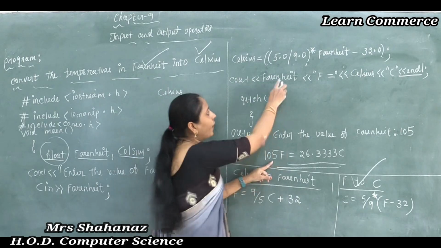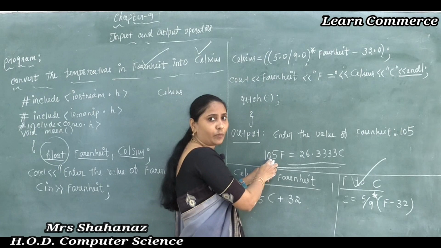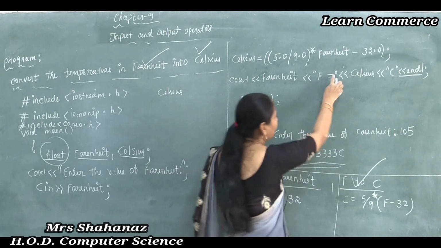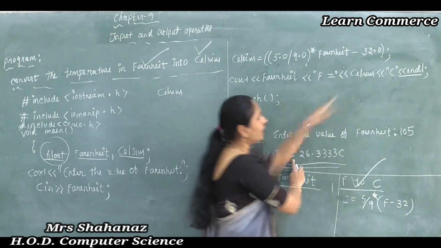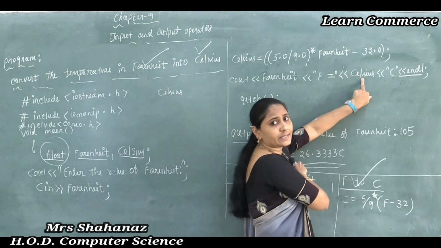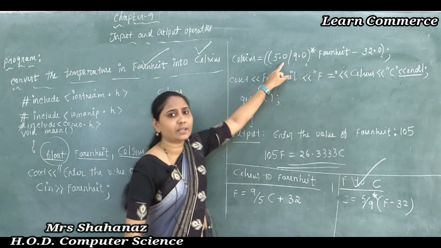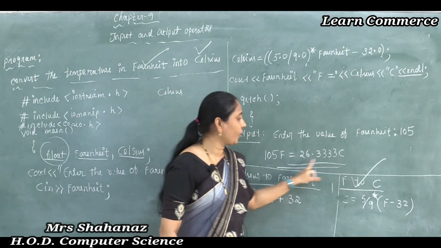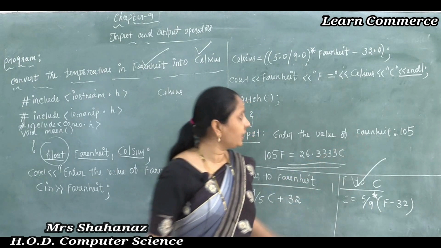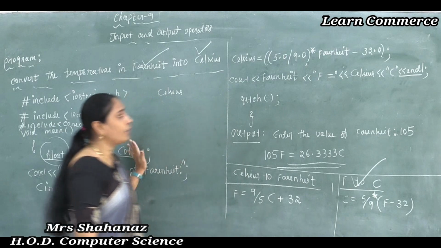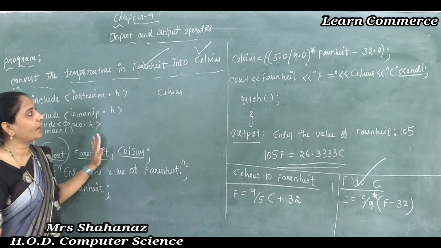As we know, Fahrenheit is 105, F is going to display as a message, the equal sign is there as it is, and later the value of the Celsius. So the Celsius value when you calculate this formula will be 26.3333, and lastly the C. So this is the one program about our Fahrenheit into Celsius.